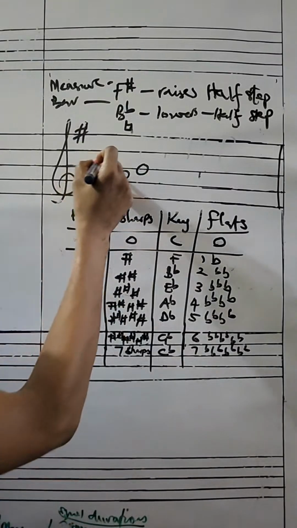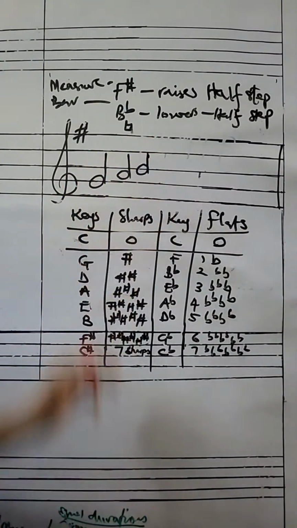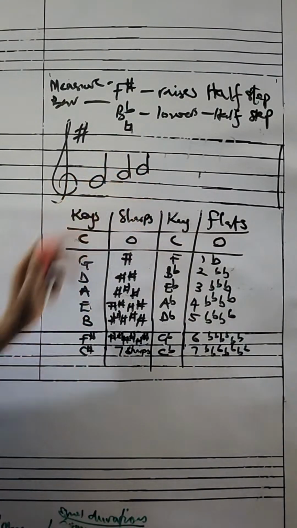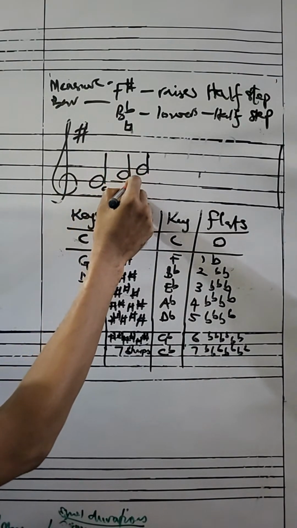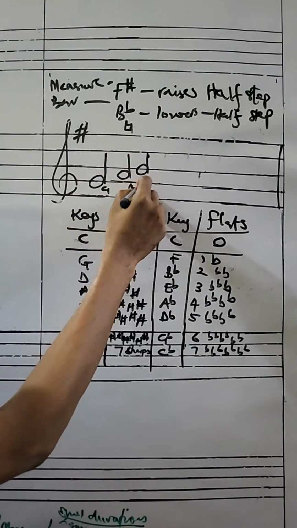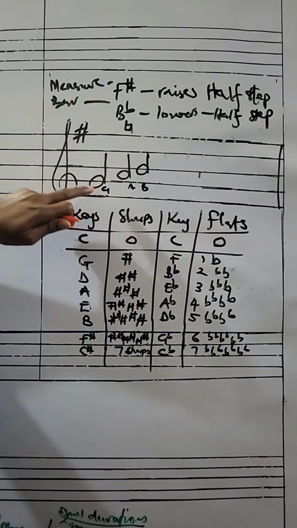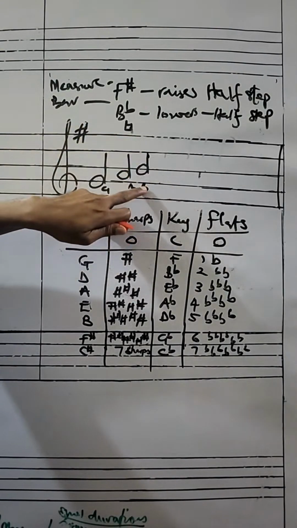Do, re, mi. So let's make this a half note. Do, re, mi. This is what I've just sung, which is your G, A, and then B. So in the key of G, your G is your do, your A is your re, and your B is your mi.